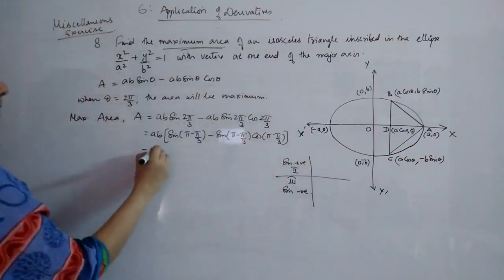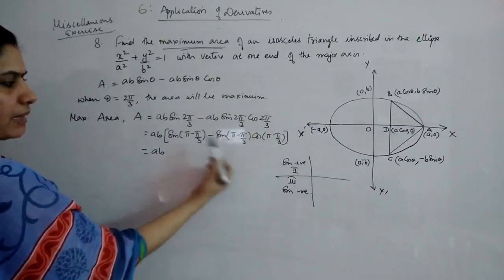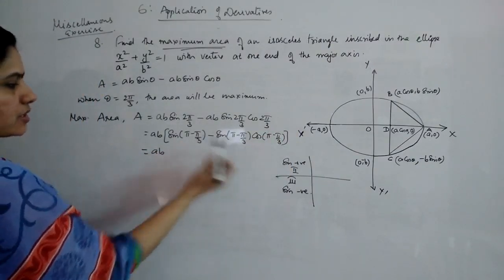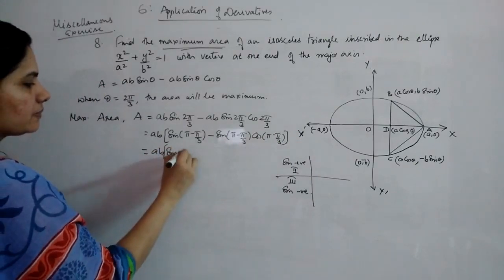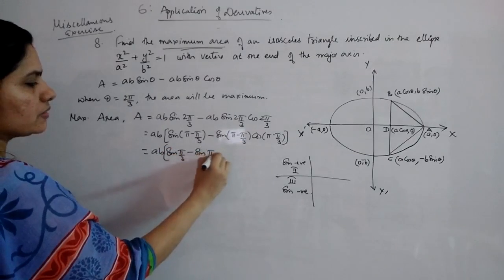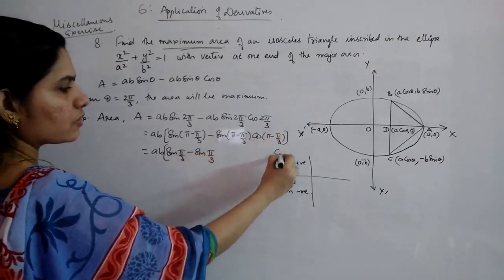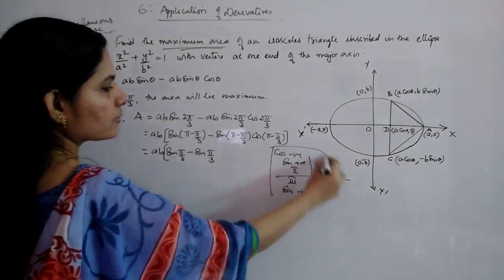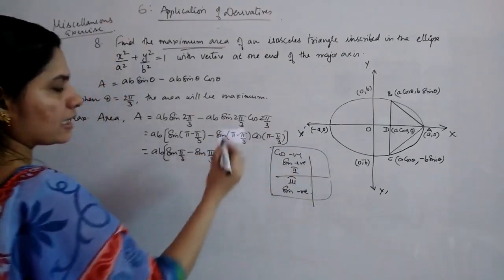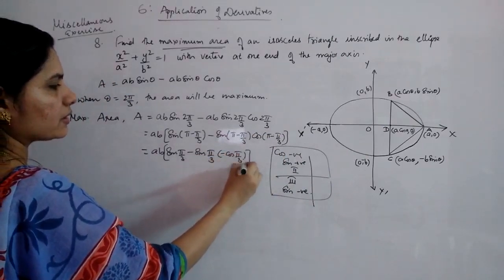Okay. Now sine of pi minus pi by 3 is in the second quadrant, sine is positive, so you'll get sine pi by 3. Now what about cos? Cos is negative in the second quadrant. So you will get a negative sign here and it will become cos pi by 3, right?